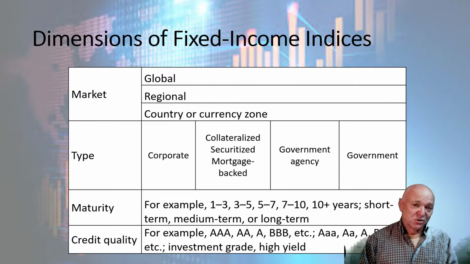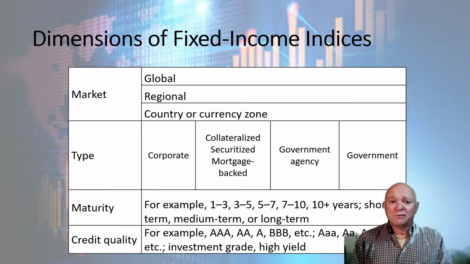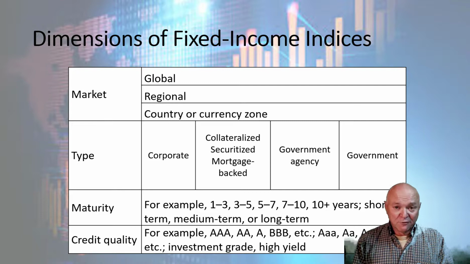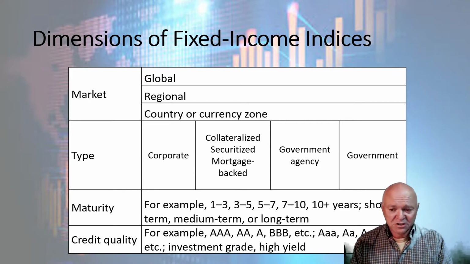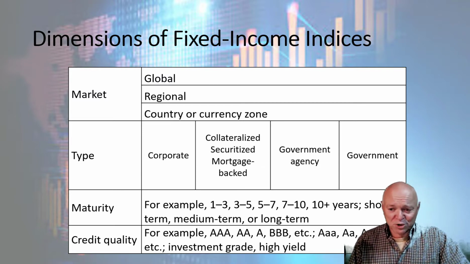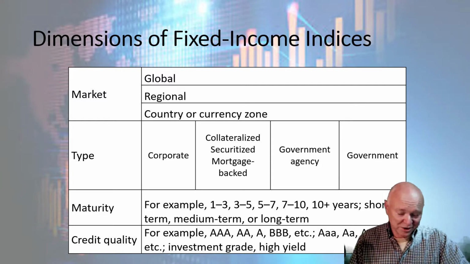Some of the things that would also be taken into consideration is that there are several different markets within the fixed income market. We have global fixed income, we have regional, we have countries, currency zones like the European Union. There are government bonds, government agency bonds. For example, the Canada Mortgage and Housing Corporation is a major bond issuer in Canada, guaranteed by the government, but not the government.